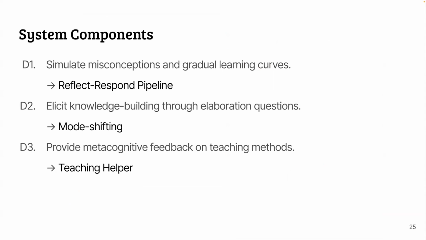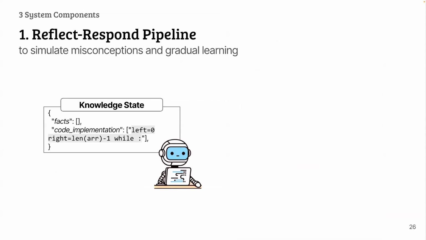At the backend of TeachYou, we have 3 novel components specifically designed to support each design goal. The first component is the reflect-respond pipeline to simulate misconceptions and gradual learning of AlgoBo. We wanted to track the changes in AlgoBo's knowledge through our conversation to control and slow down its knowledge acquisition.